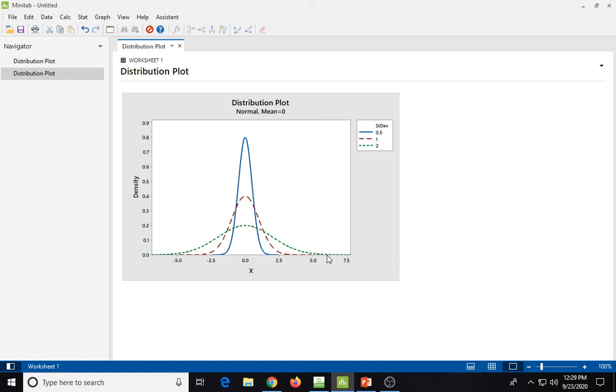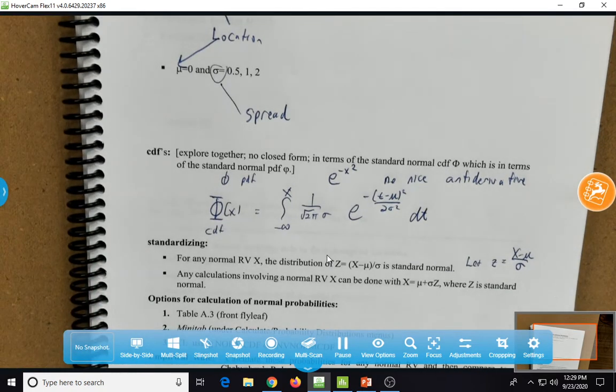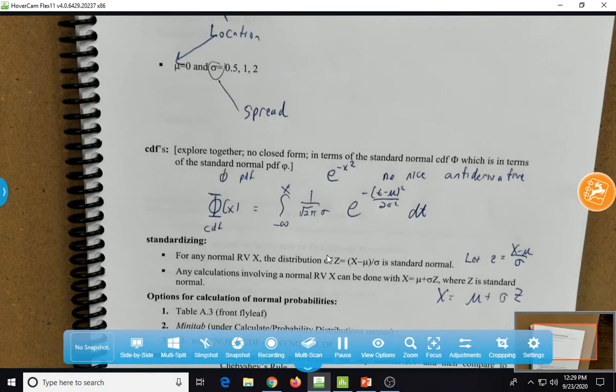So figure out what the center is, subtract, divide by whatever the standard deviation is, and now we're into our standard units of measurement, where one standard deviation is one unit from the mean. So if you go the other way, if you have a normal RV X, you can also go the other way and say x is equal to mu plus sigma z, where z is the standard normal.